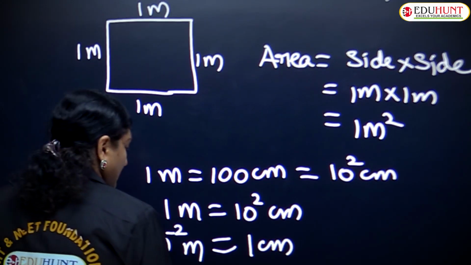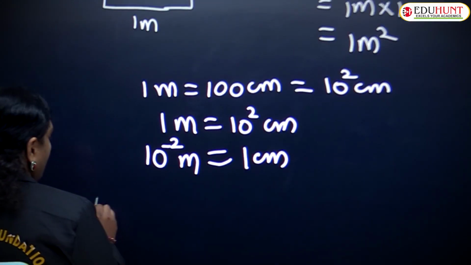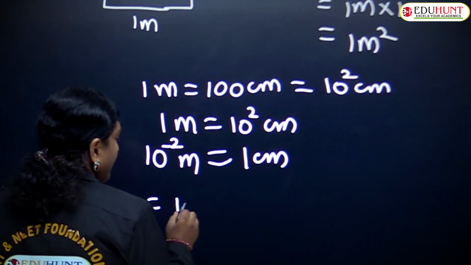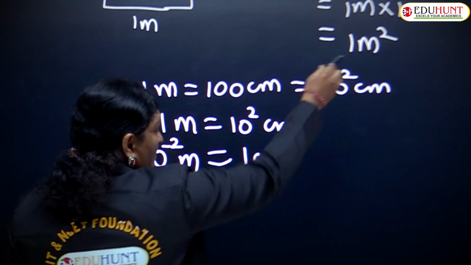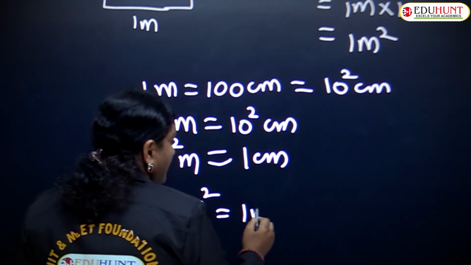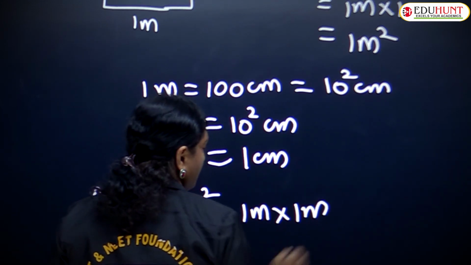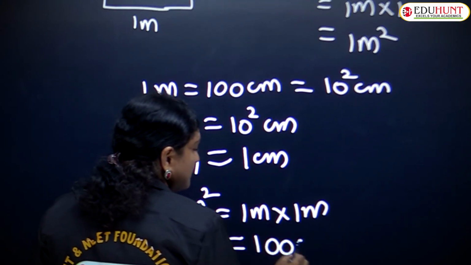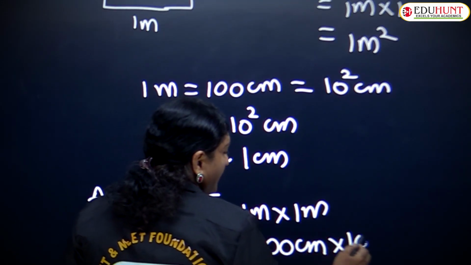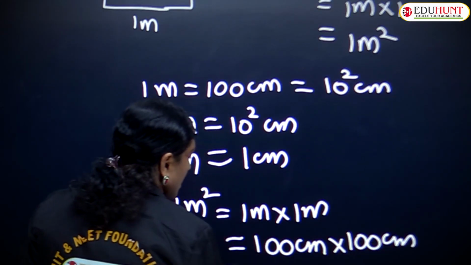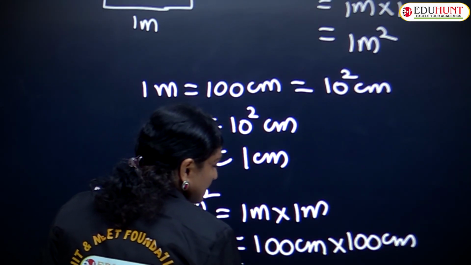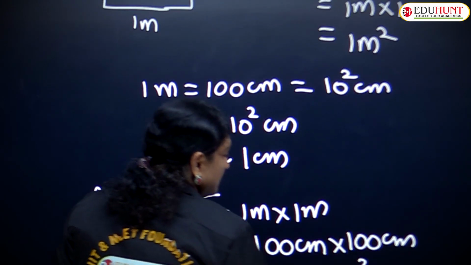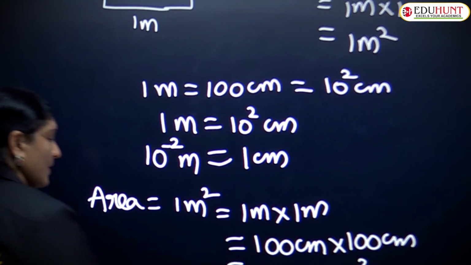If you would like to talk about area, then an area of 1 meter square can be written as 1 meter into 1 meter, which is equal to 100 centimeters and again 100 centimeters. Altogether, its value is 10,000 centimeter into centimeter, which is centimeter square.